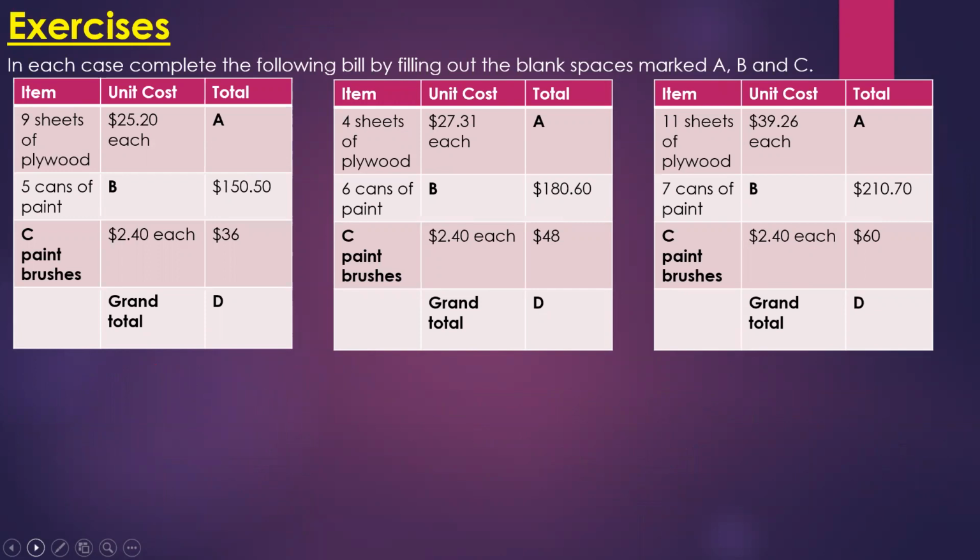The numbers I give you are multiples of 240, so you will get a whole number. But you have to figure which one it is. It may be 10, 15, 20, 25, whatever it is. You have to divide 36 by 240, divide 48 by 240, and divide 60 by 240. Divide them. Okay.